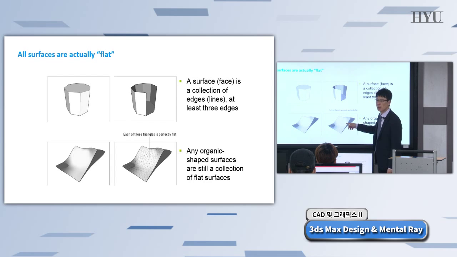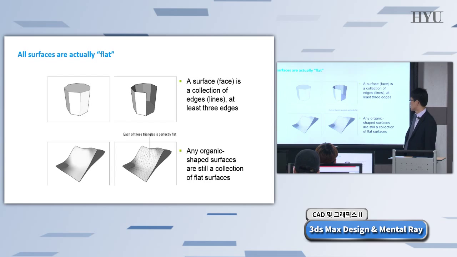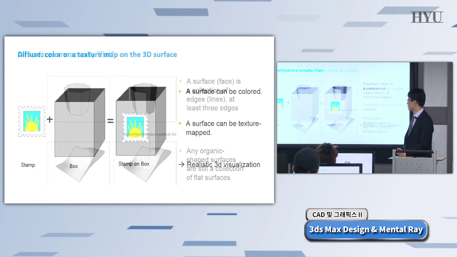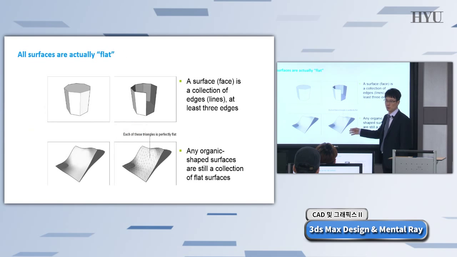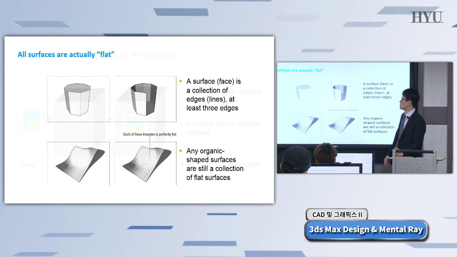One is face and a collection of faces is going to make this sort of organic shaped surface. Okay, this is the fundamental way of defining 3D object. Okay, so we have this kind of geometry. Okay, we have a sequence of geometric definition of surface-based model.